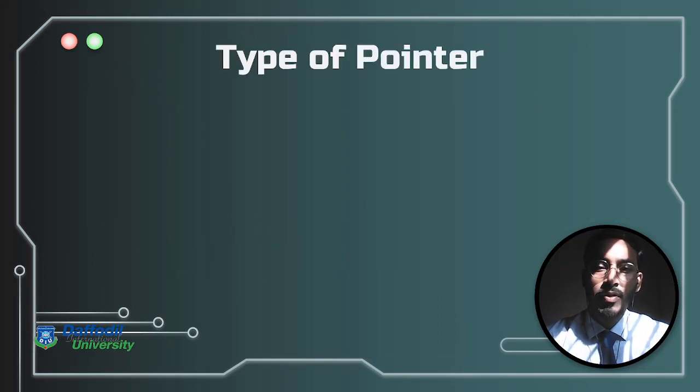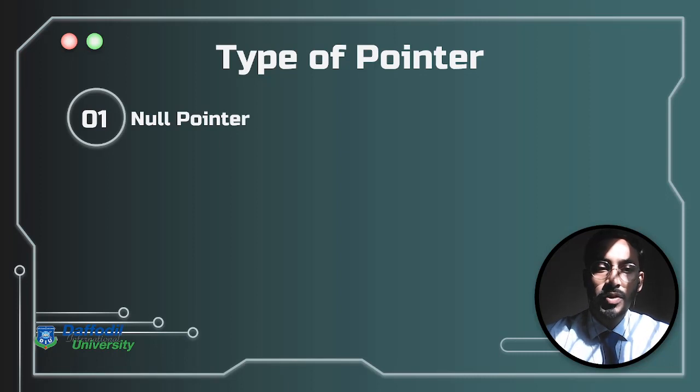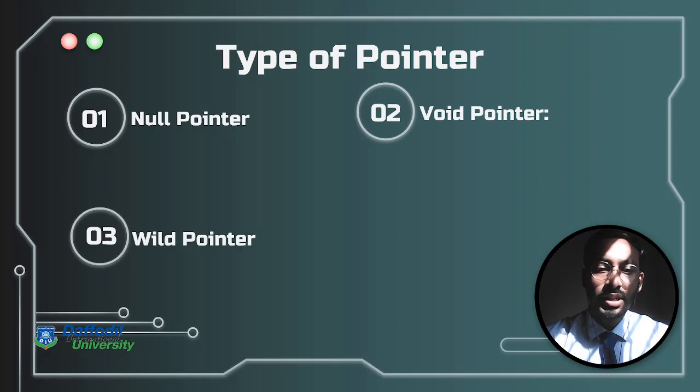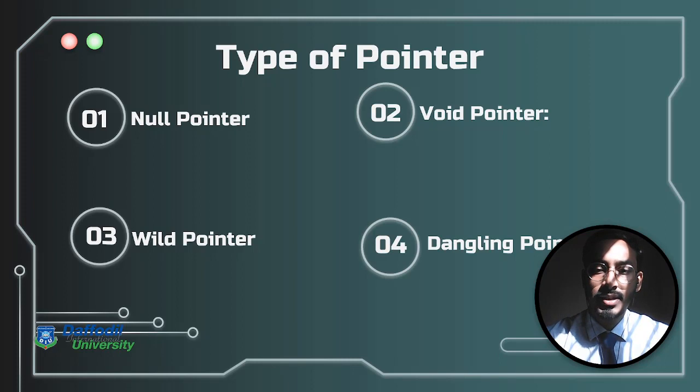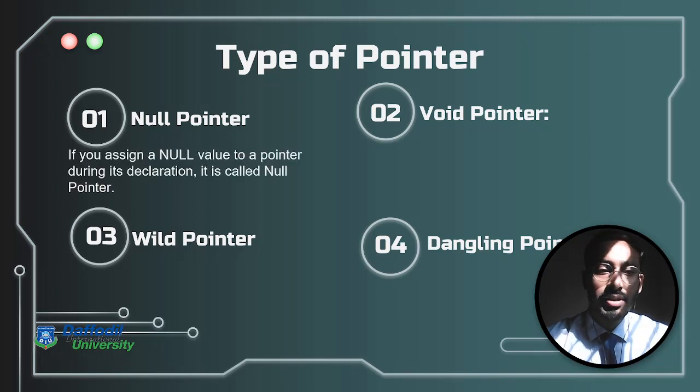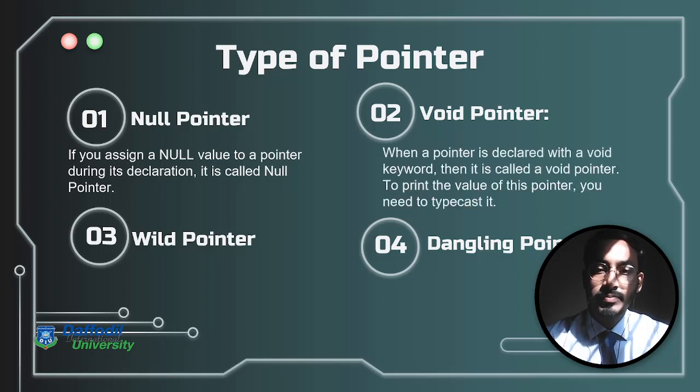Basically, 4 types of pointer are available: first of all null pointer, secondly void pointer, thirdly wild pointer, and lastly dangling pointer. What is a null pointer? If you assign a null value to a pointer during its declaration, it is called a null pointer.